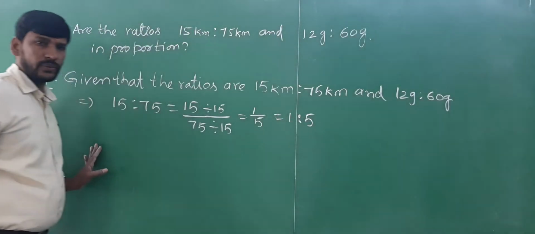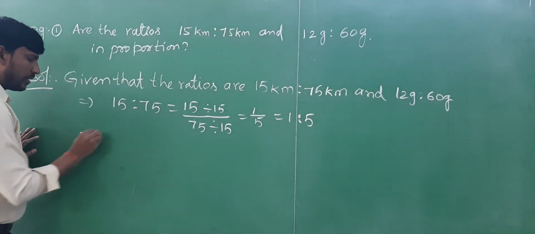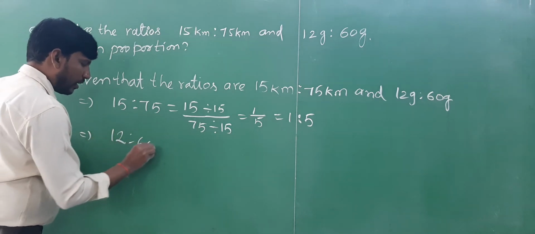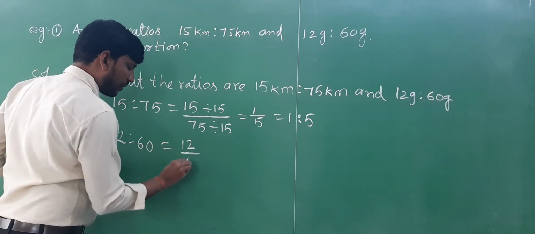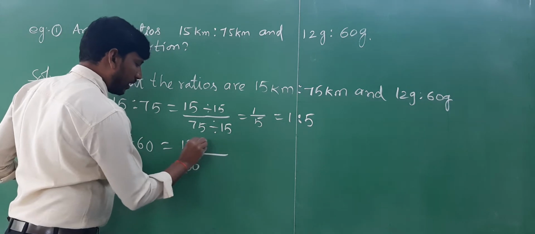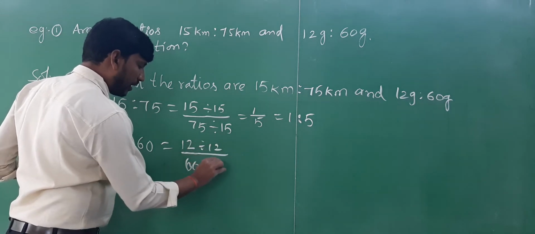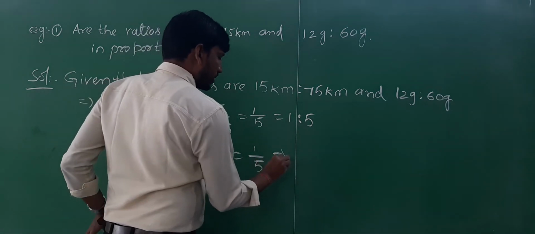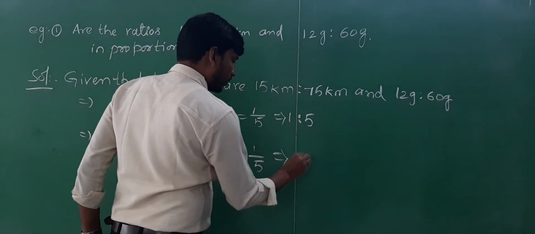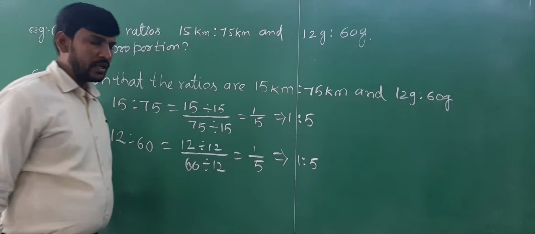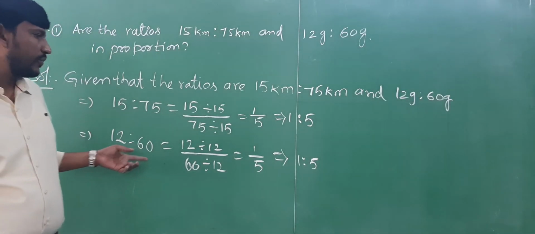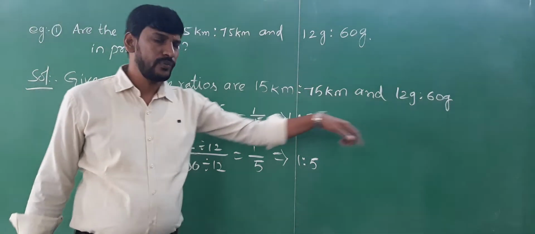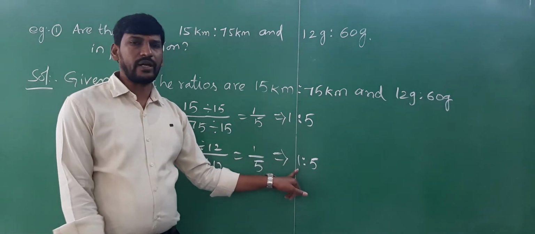We got the ratio. The second one is 12 is to 60, which is 12 by 60. By dividing with 12 in the numerator and denominator, you will get 1 by 5, so the ratio here is also 1 is to 5. After finding the simplest form of the given two ratios, we got both are equal, 1:5 and 1:5.